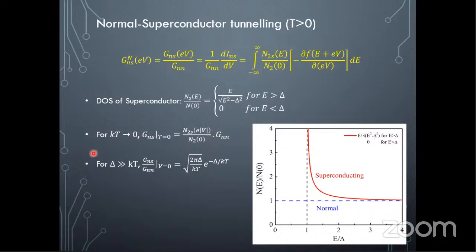Another limit is for delta much greater than kT, and this turns out to depend exponentially on minus delta by kT. These two you can find again in Tinkham, these two terms and how relevant they are.